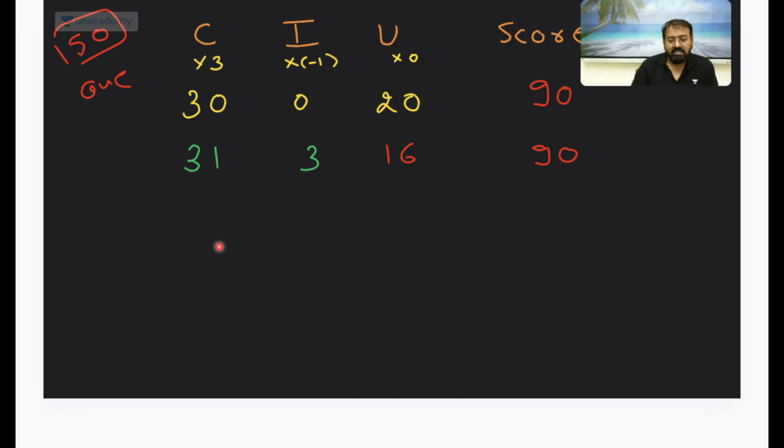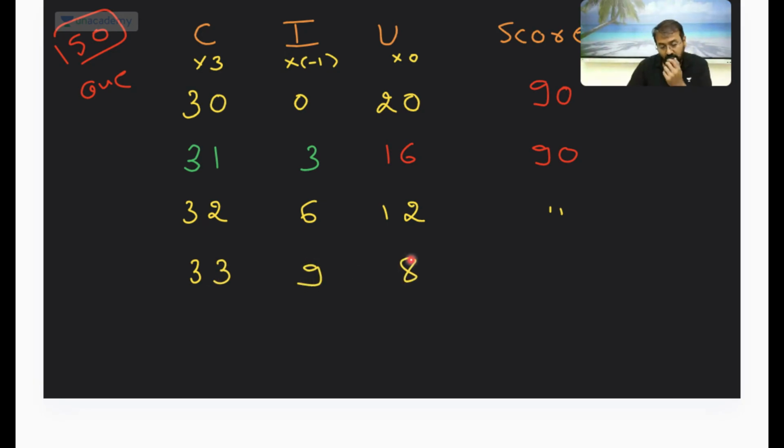So let's keep increasing this. If I make this 32, then this has to be 6 and this has to be 12. And still the score will be 90. If I make 33, then 9 and this will be 8, and so on. So guys, what can be the maximum value that we can have?